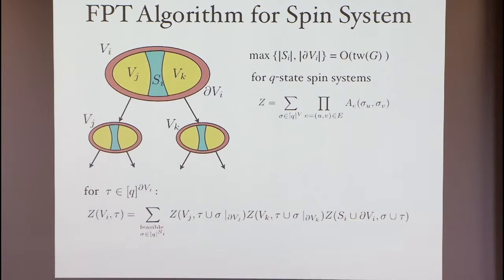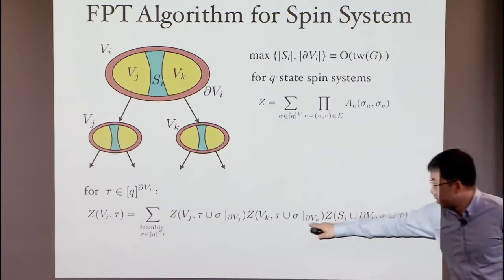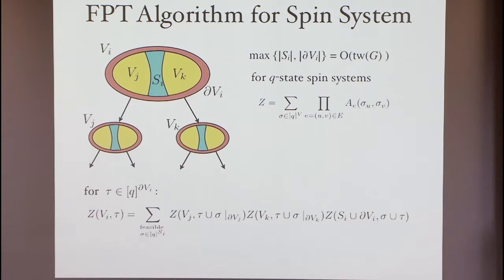And the product here is due to the conditional independence property of spin systems, where, conditioning on the separator being fixed, the disconnected components are independent of each other. And the tree width gives an upper bound on the size of the separator as well as the size of the boundary.